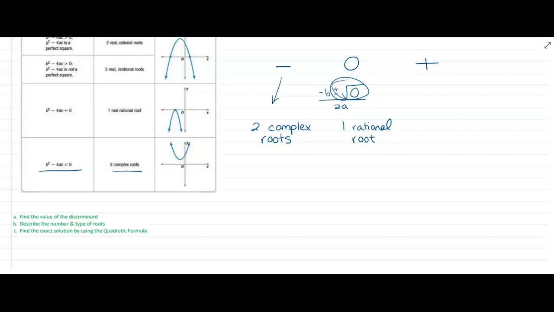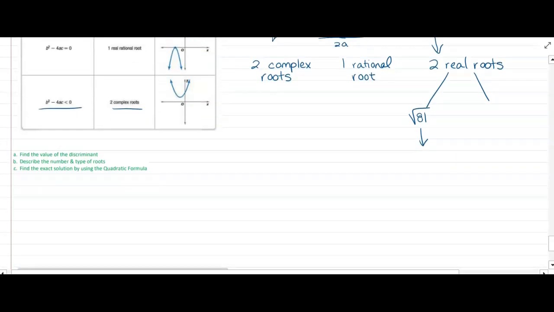The third option is that the number under the radical is positive. If that happens, we're going to end up with two real roots. But we have to explore further. Sometimes the number under the radical is going to be a perfect square, like radical 81. If the number under the radical is a perfect square, then we end up with two real rational roots.